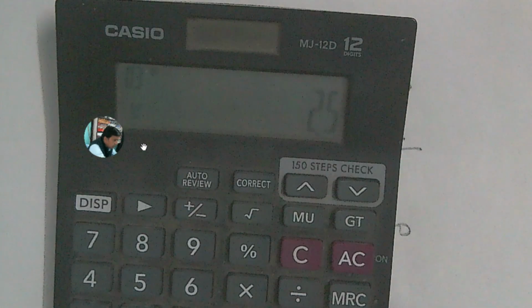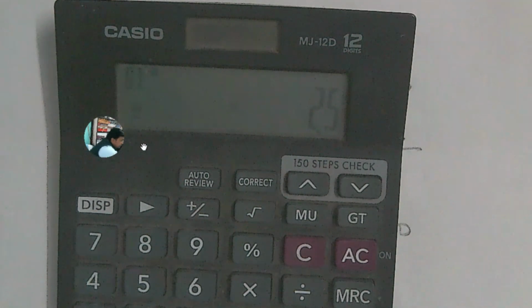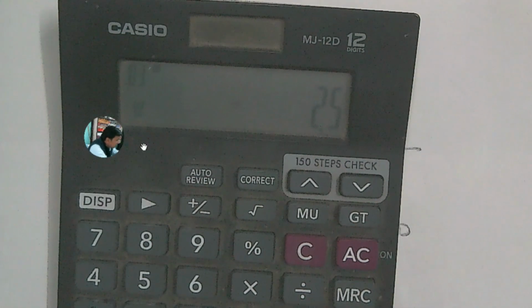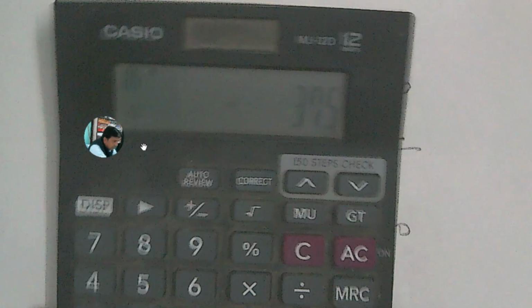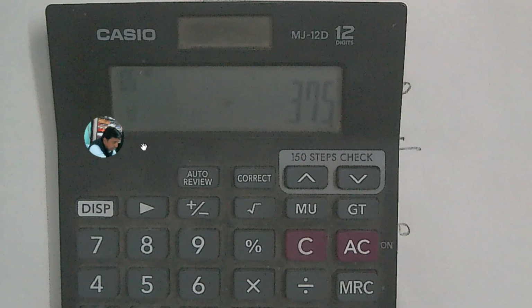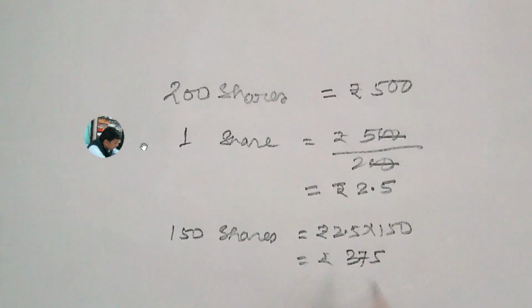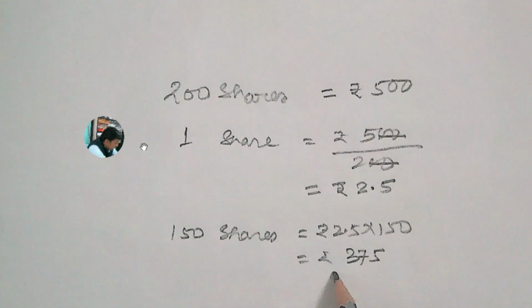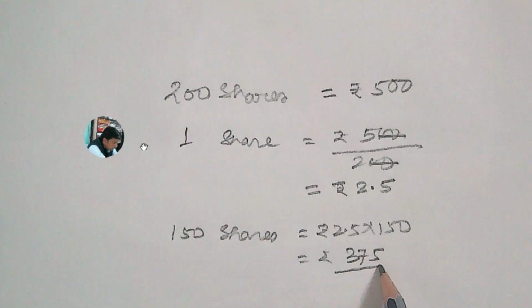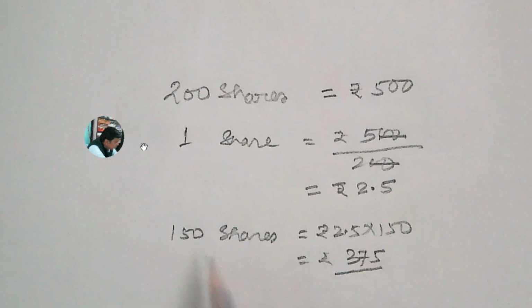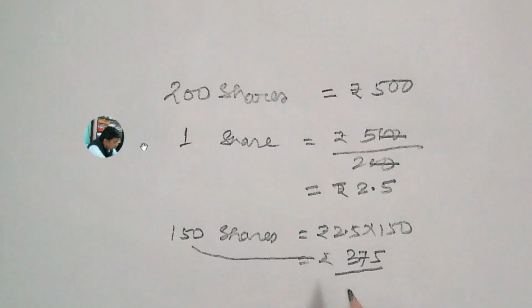So this 375 rupees is the proportionate amount of the 150 forfeited shares.